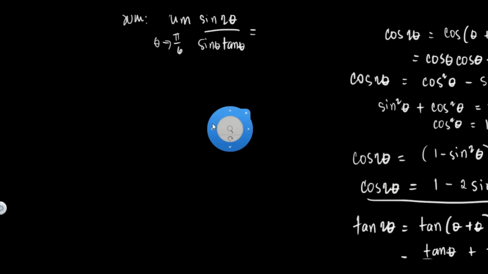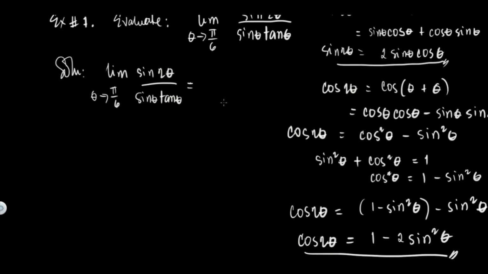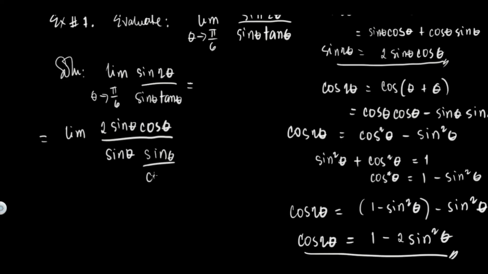Ang kailangan natin is yung sine 2 theta, which is 2 sine theta cosine theta. So this is equal to the limit of 2 sine theta cosine theta over sine theta times tangent theta, but tangent theta is sine theta over cosine theta.